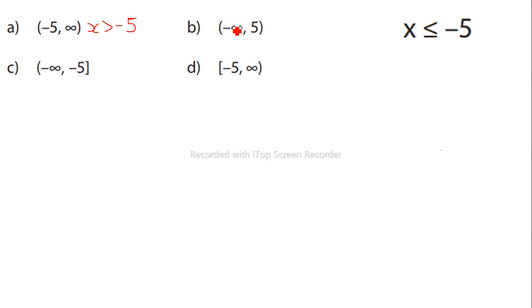So what is B saying? B has an open bracket, -infinity, 5. What this basically is saying is, hey, listen, start at 5. Well, we can't really start at 5 because it's an open bracket.